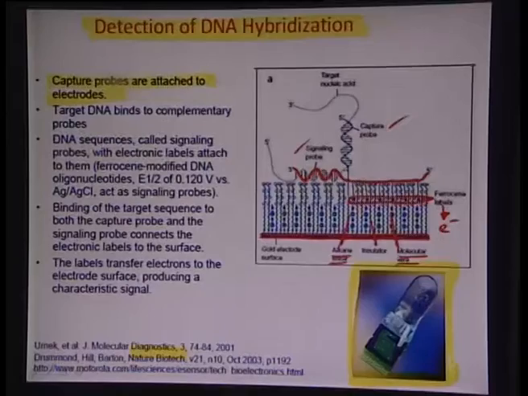It transfers electrons from the ferrocene label when in close proximity to an electrode. In this particular case, the label, if you can see, is bonded molecularly to the signaling molecule like this.